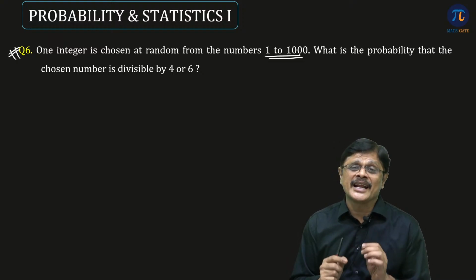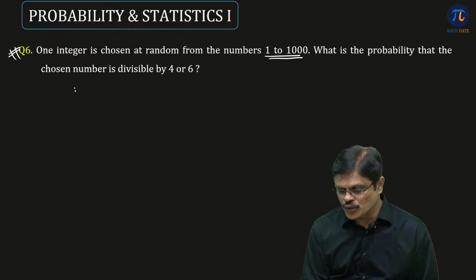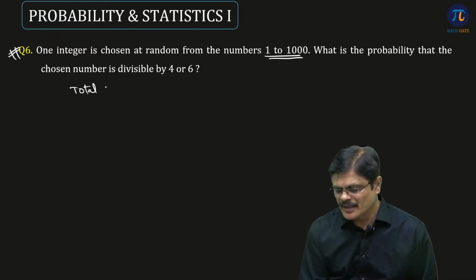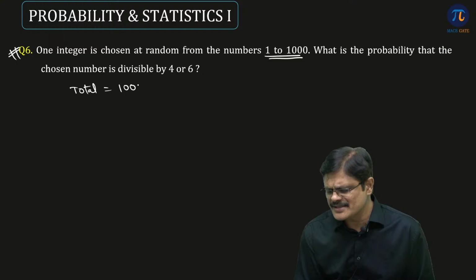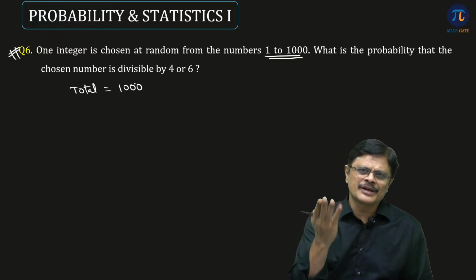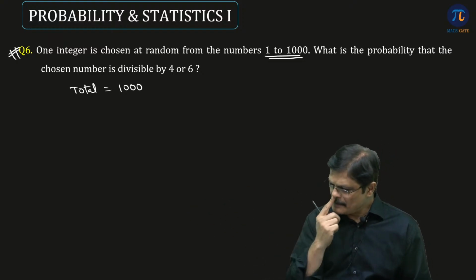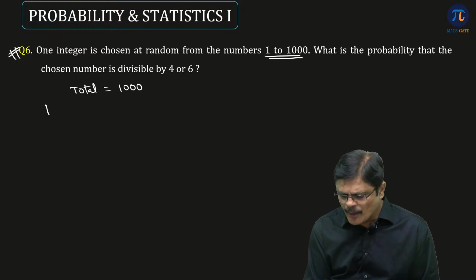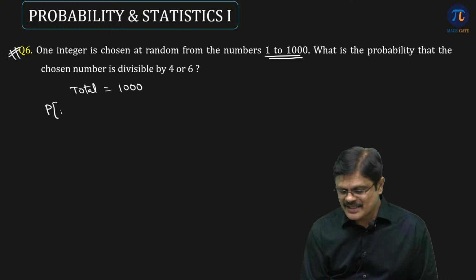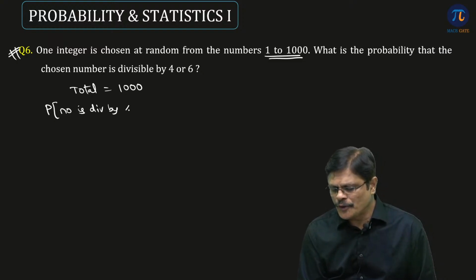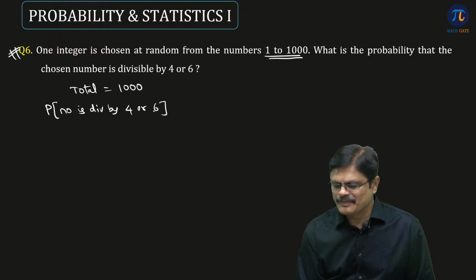So total possibilities: how many ways can you select one integer from 1 to 1000? 1000 ways. You can select 1, you can select 2, or 1000. Now the question is, what is the probability that the number is divisible by 4 or 6?